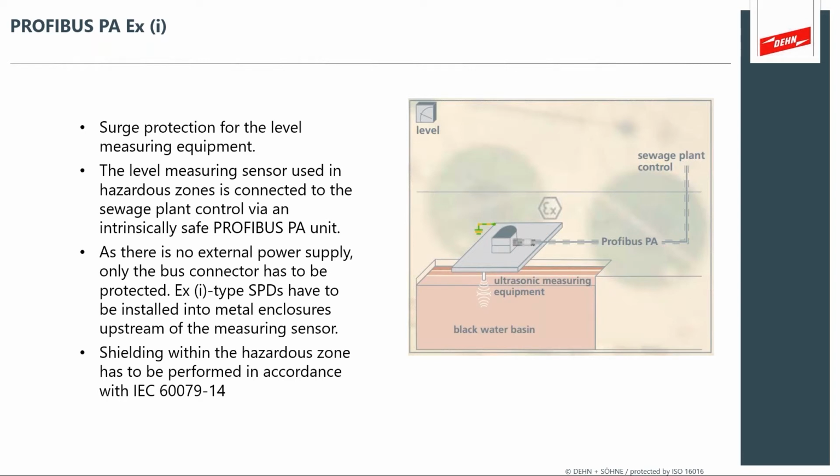This is a more detailed illustration of a Profibus system. And what's really important is that there may not be an external power supply. So you're really counting on controlling the voltage coming into that transmitter, but you're also having to control and protect the power supply that's back at the control system.